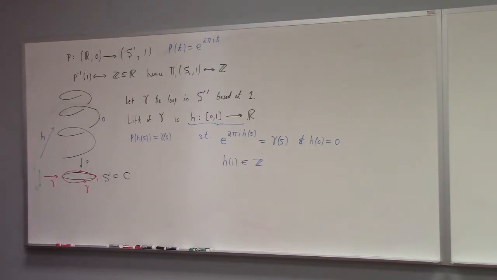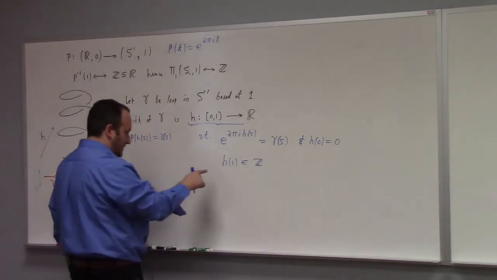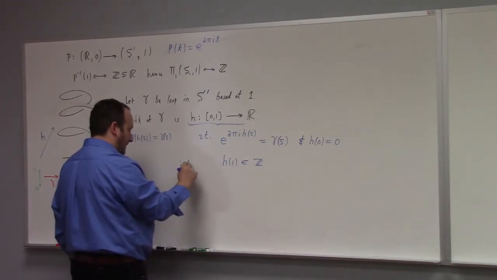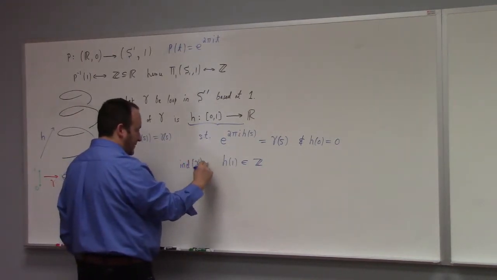And so H is uniquely given by the path lifting lemma, right? And he says that this H of 1 is what defines the index of gamma, by definition.